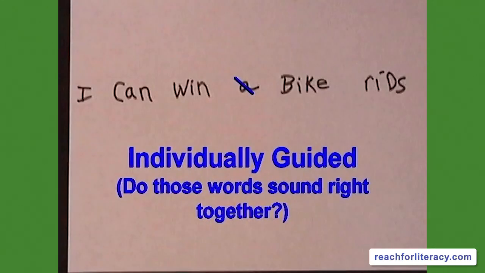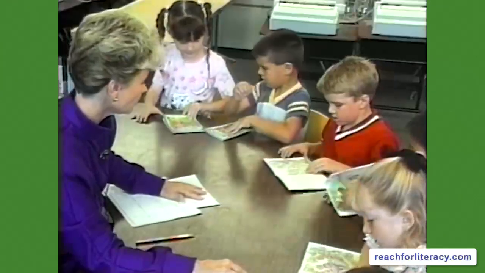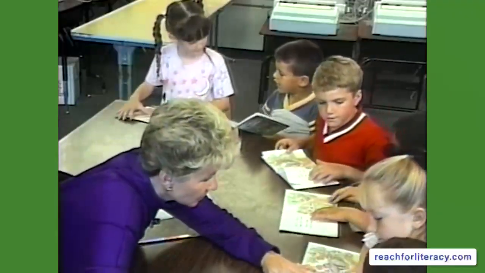Student 5 was guided to drop the A, and Student 6 was guided to change the E and skip to I. Experiences in guided process reading will build strategies students need to become effective readers.